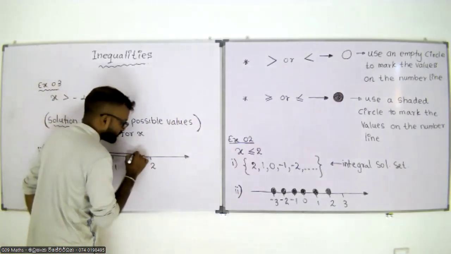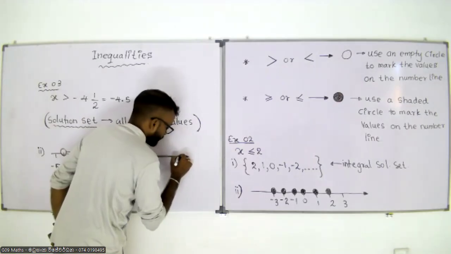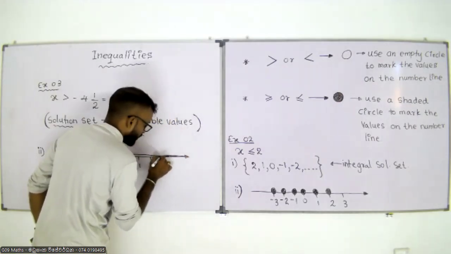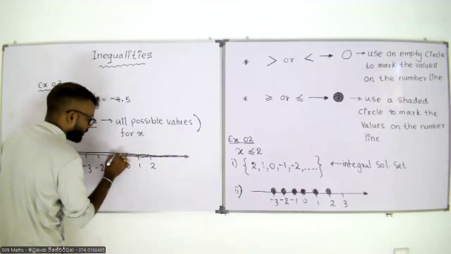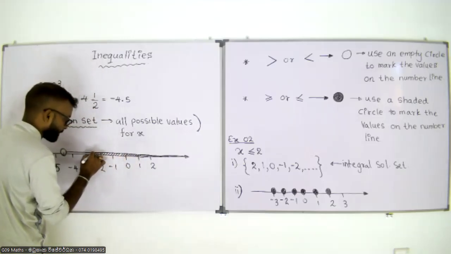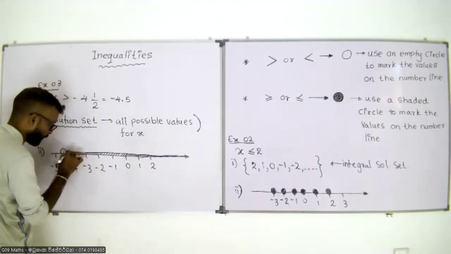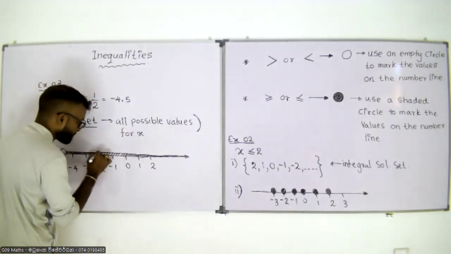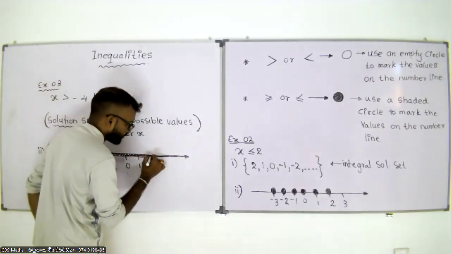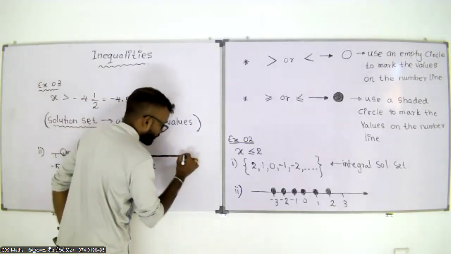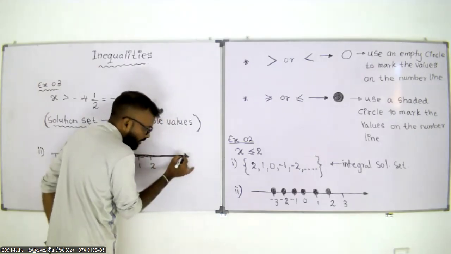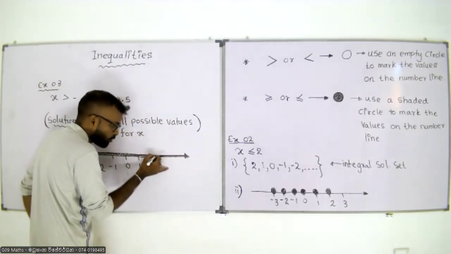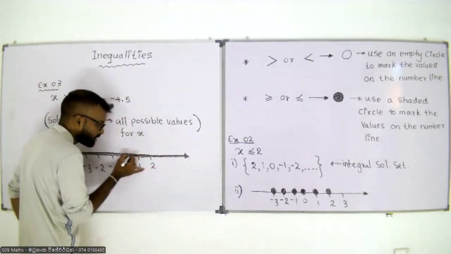All the possible values from here are answers for this. So you are going to highlight it like this, double highlight. Up to the arrow point, you have to highlight it using your pencil.